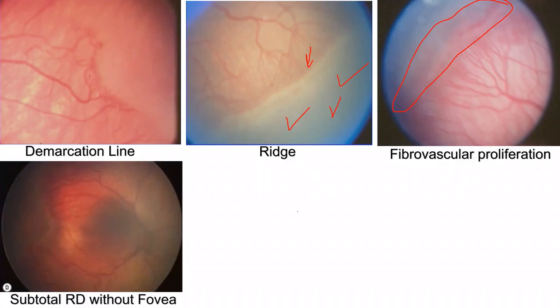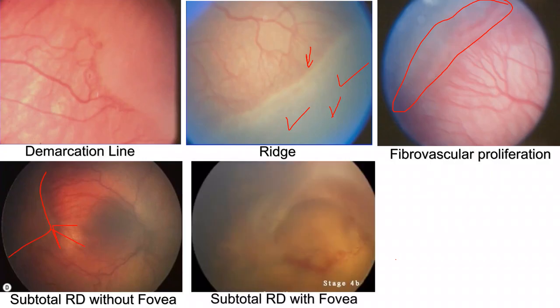Then stage 4, there will be subtotal retinal detachment without involvement of the fovea. So here the retina looks elevated. There is a pull from here. So there will be a subtotal retinal detachment without foveal involvement, and this will be called stage 4A.